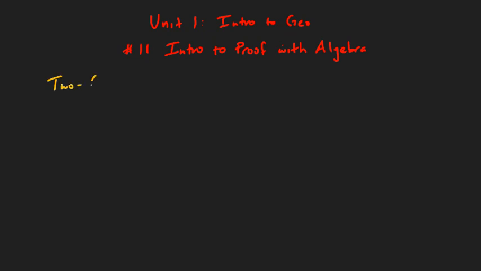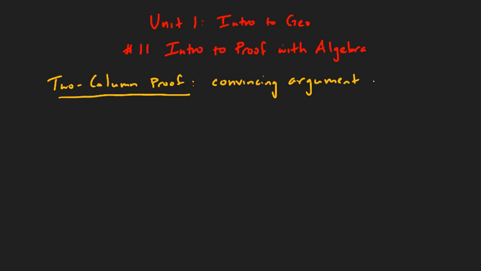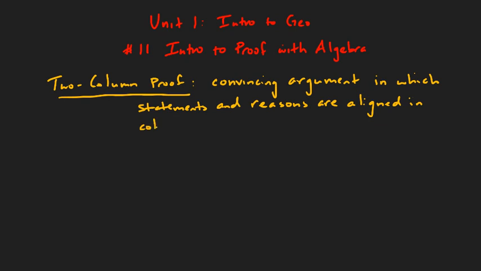So what is a two-column proof? Well, a two-column proof is a convincing argument in which statements and reasons are aligned in columns.